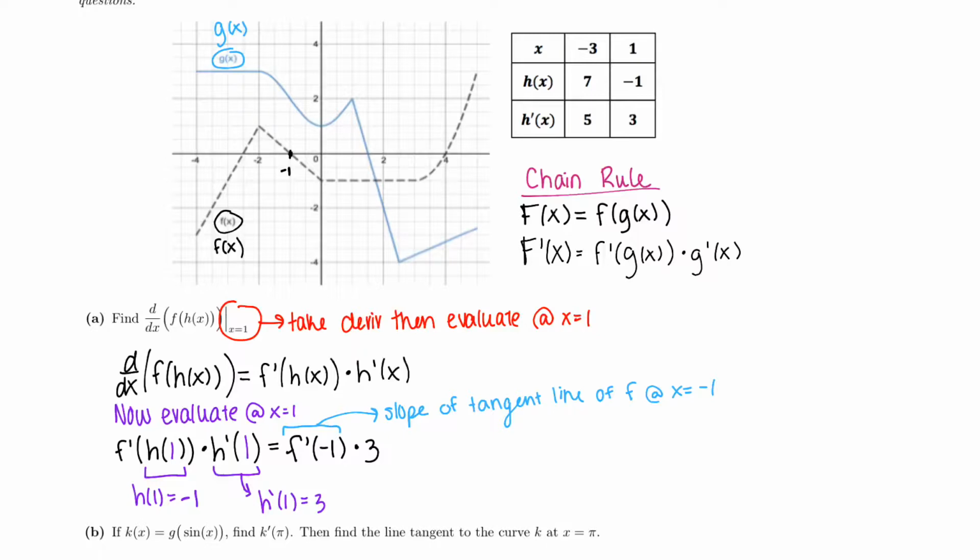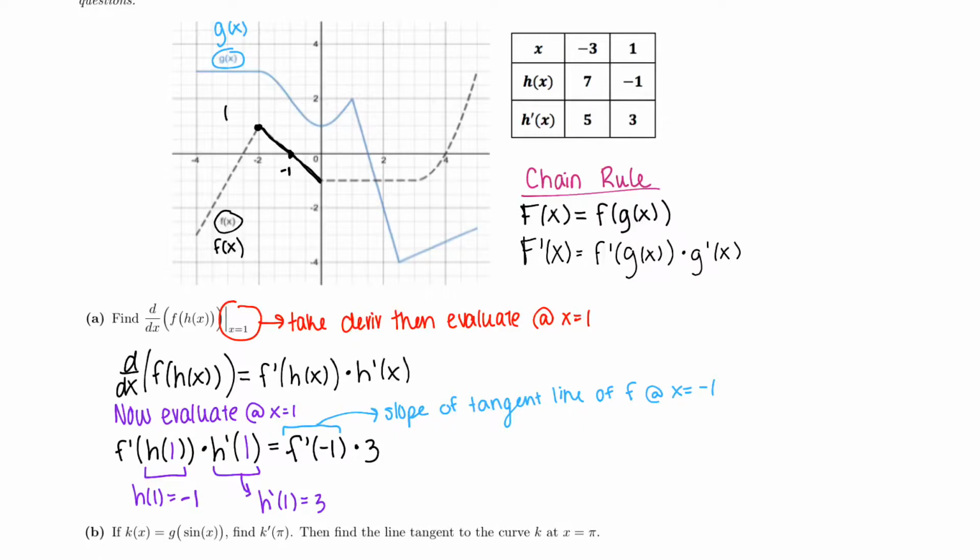We had to plug 1 into h to get a number out, and then we plugged it in, and now we're going through another step. So the slope, because this is a line right here, this is just a line, the slope of the tangent line is just the slope of this line. So to figure out the slope of that line, we can use the slope formula.